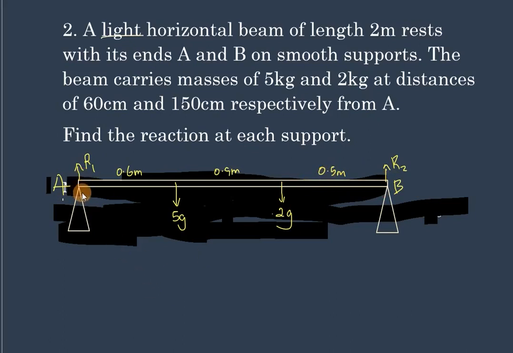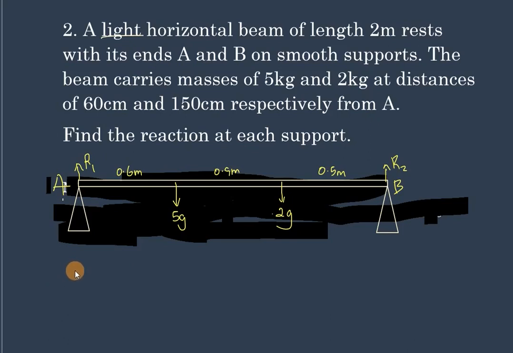Now at the pegs, at the supports, we shall have reactions, because this beam is exerting a certain force on the supports. The supports exert the reactions R1 and R2, upward forces equal to downward forces.